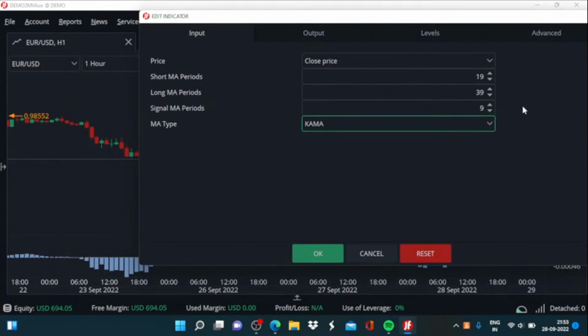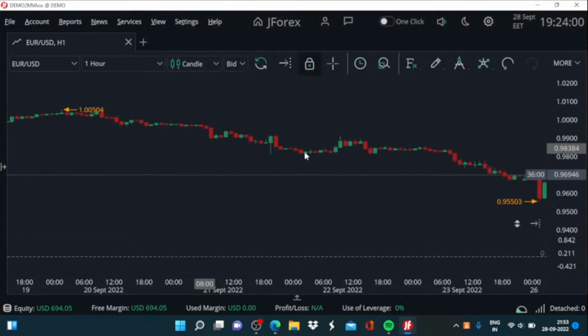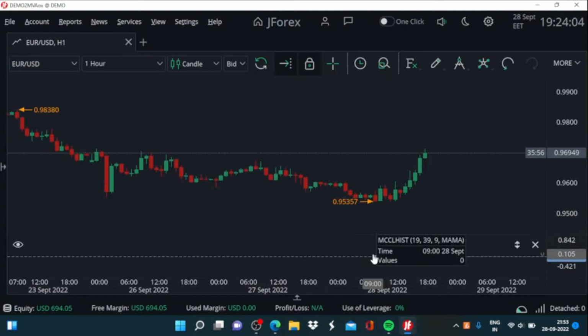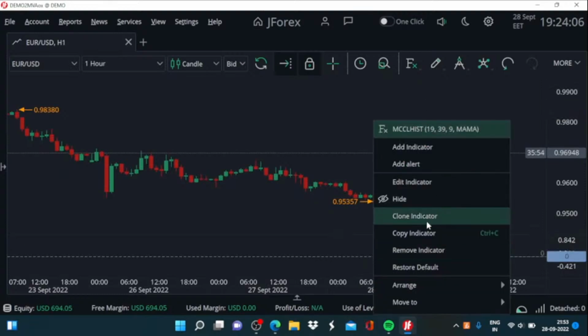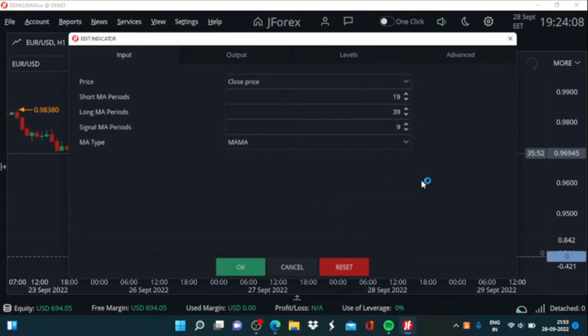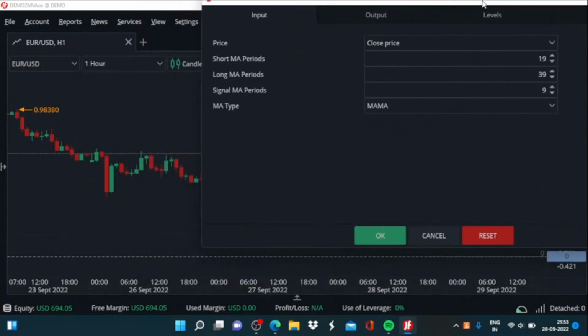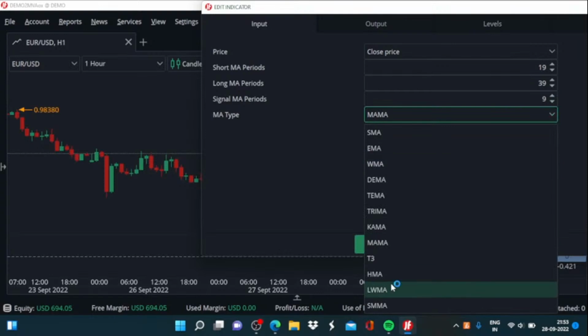AMA, MAMA. We are not seeing any histogram plotting when you are using the MAMA. I'm thinking it is taking a little bit of time, but it should be there.